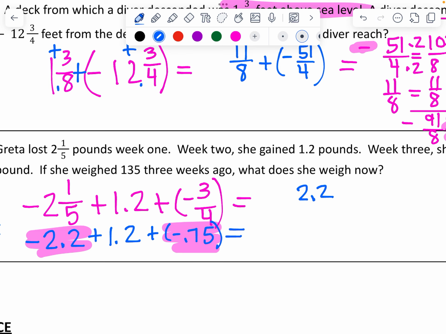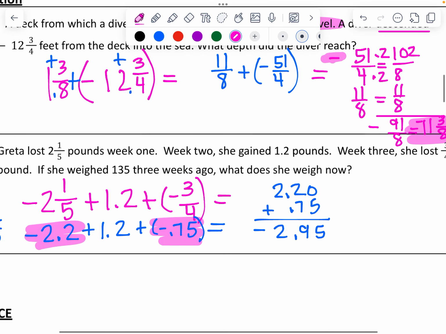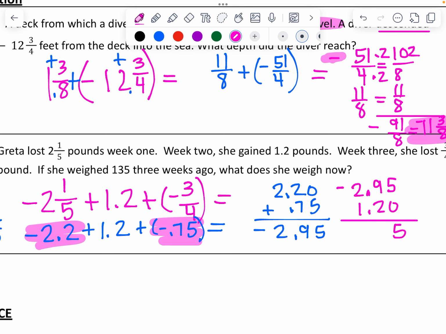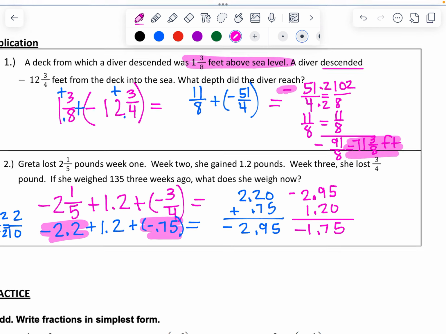So 2.2 plus 0.75 gives me negative 2.95. And then I can take my bigger number and my smaller number, remember the bigger number was negative, subtract them and get negative 1.75.